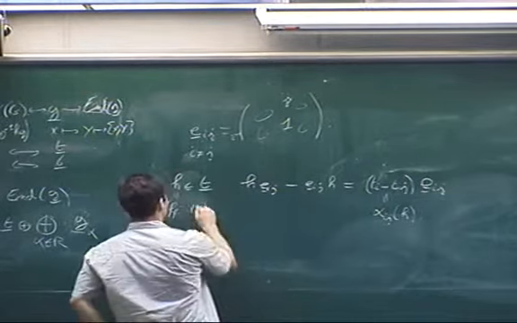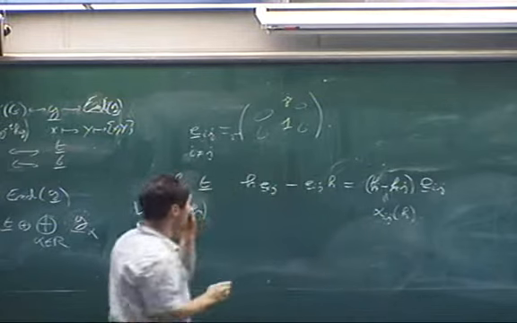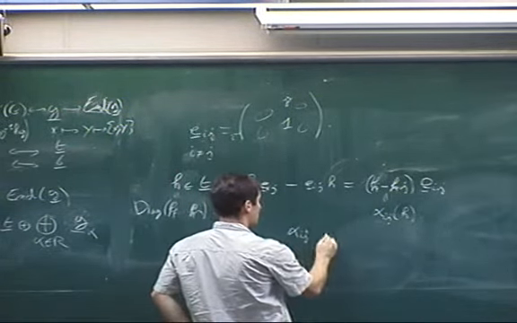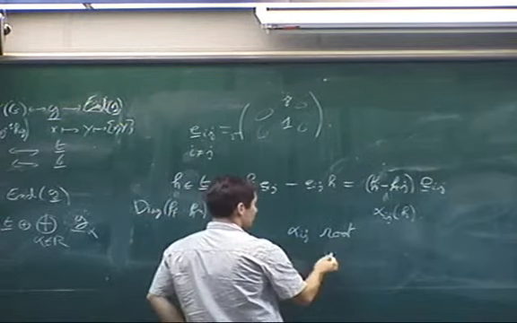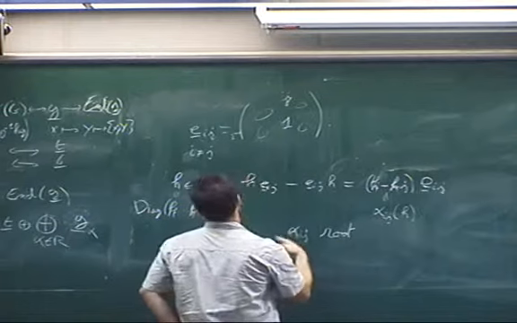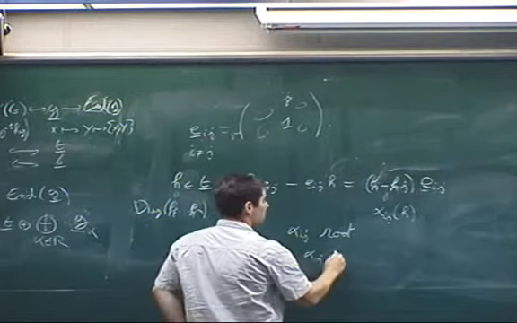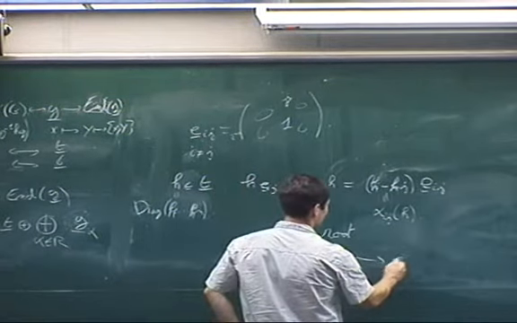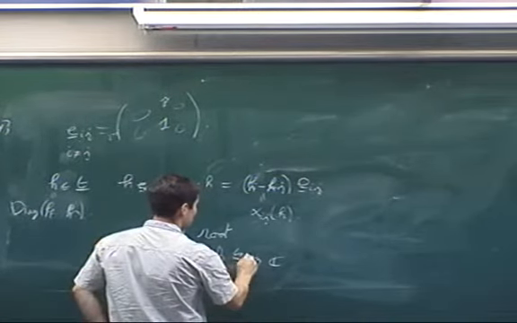This alpha_ij is called a root, and it's a Lie algebra morphism from the Lie algebra of T to C.